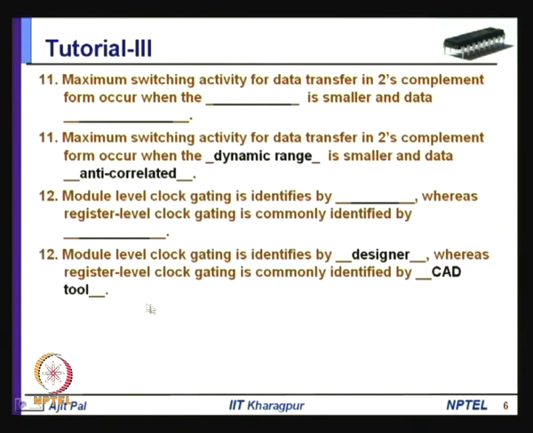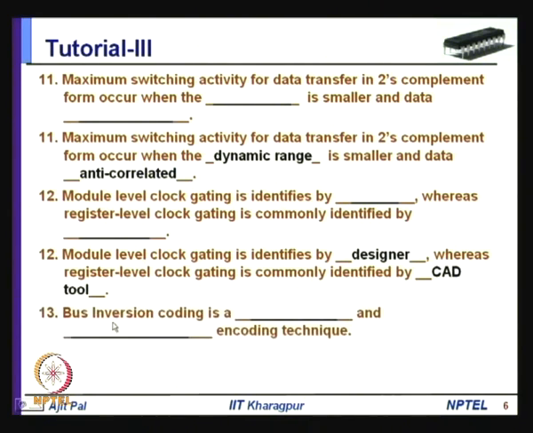That means module level clock gating is identified by the user or the designer. On the other hand, automated clock gating tools are available nowadays, where the CAD tool does the automatic insertion of clock gating hardware in the circuit. So, in such a case the CAD tool does the necessary clock gating. That is the reason why the answer is module level clock gating is identified by the designer, whereas resistor level clock gating is commonly identified by the CAD tool.